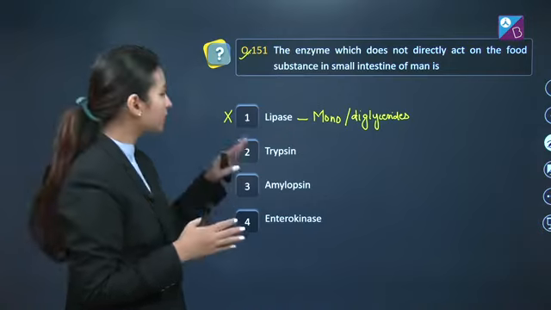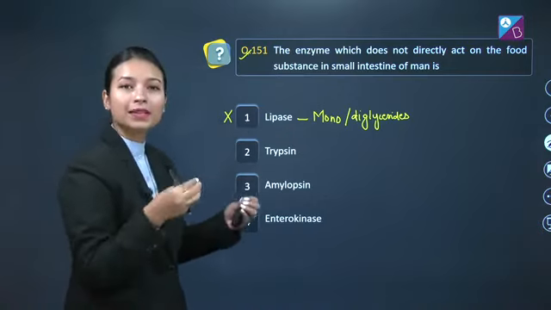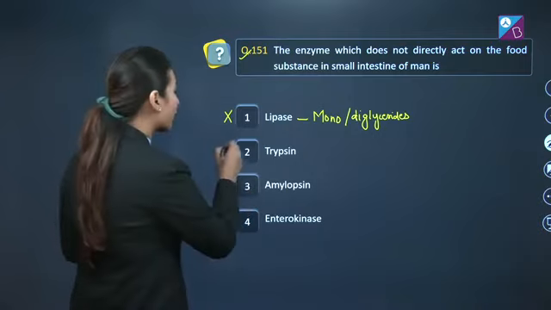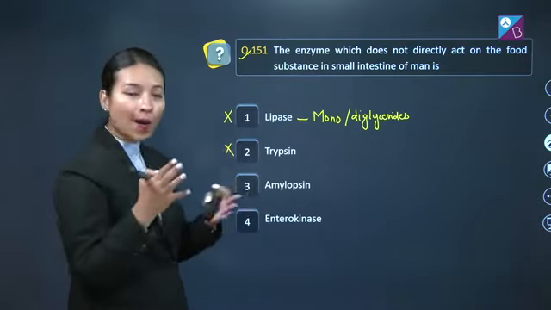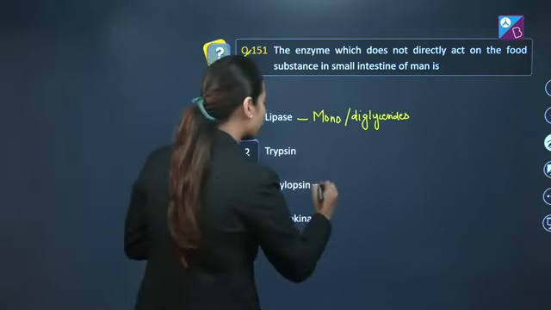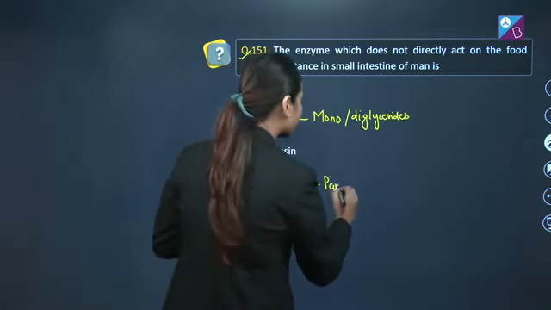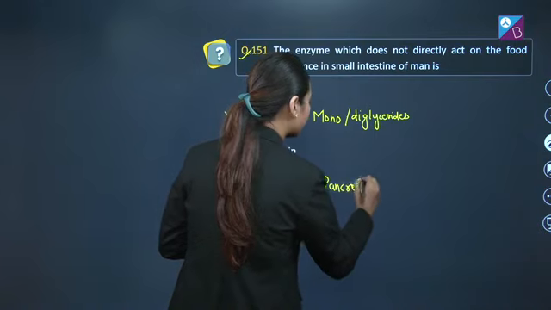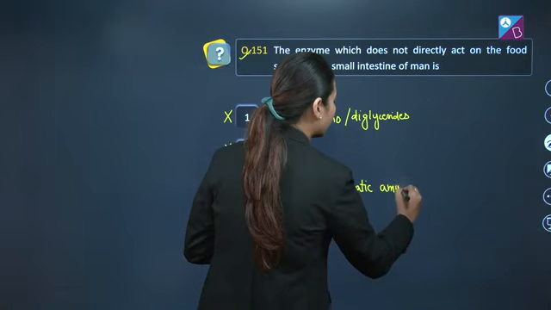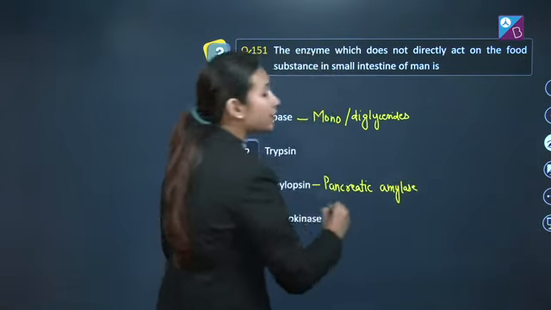Option number 2 here is trypsin. Now trypsin क्या है? Trypsin is a proteolytic enzyme which acts on proteins. So that's why option number 2 is also wrong. Option number 3 here is amylopsin. Now amylopsin is a pancreatic amylase that acts on starch.